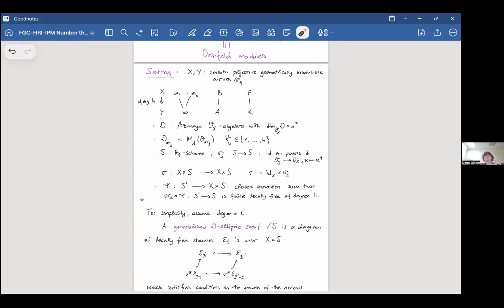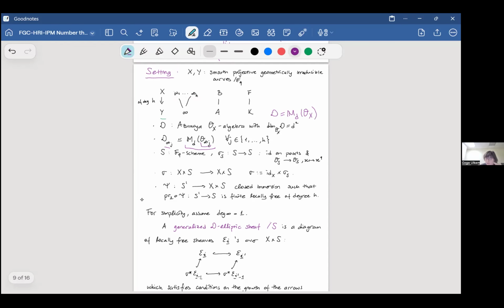So that's what I mean when you have Frobenius-Hecke sheaves, you need to modify around many infinities because you have h many infinities here. And here D is an Azumaya algebra, but you can just take D to be the matrix algebra over X. And we assume that around each infinity, this D is actually just a matrix algebra. This is the local object, the completed local ring around each infinity.